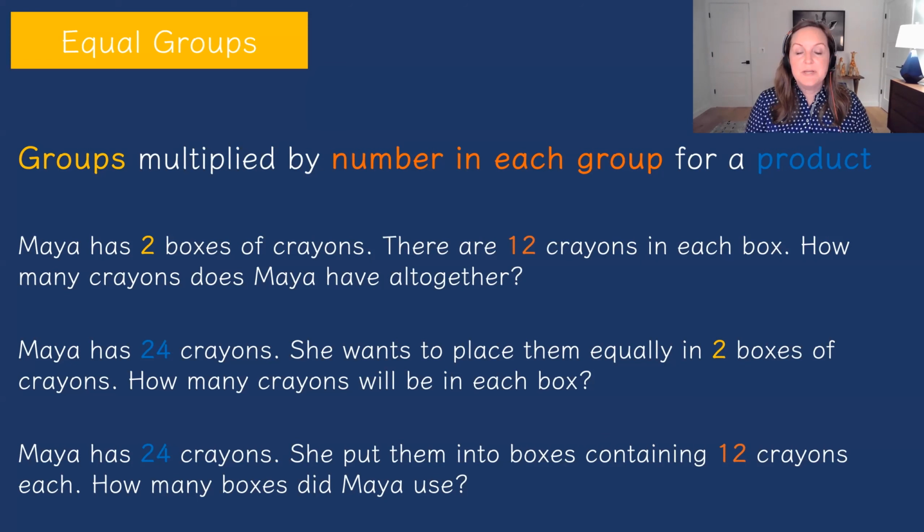In each of these three equal group stories, we have the same three components: groups, an equal number in each group, and a product. In the first story, our job is to figure out the product. In the second story, our job is to figure out the number in each group. And in the third story, our job is to figure out the groups.